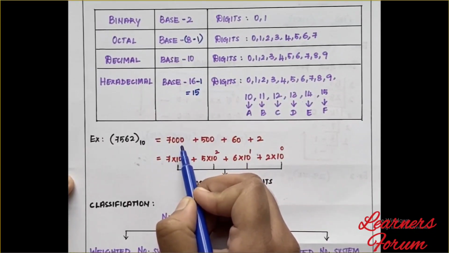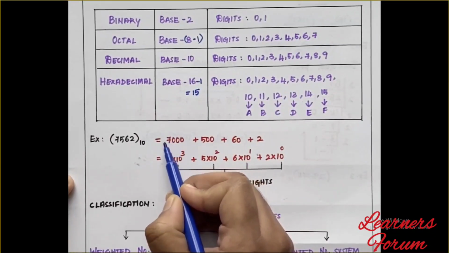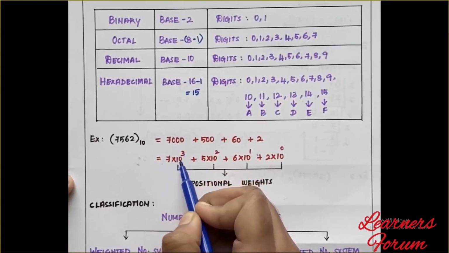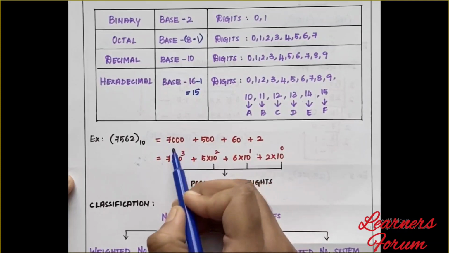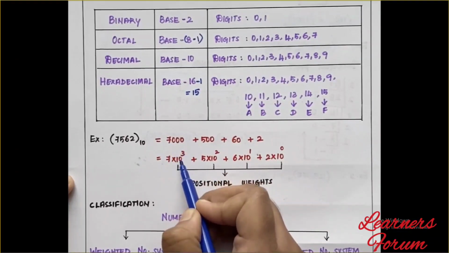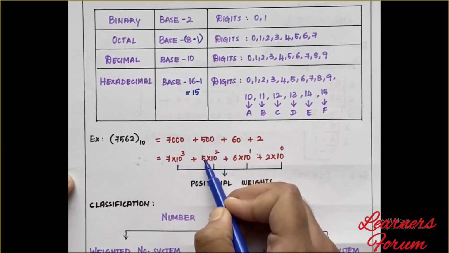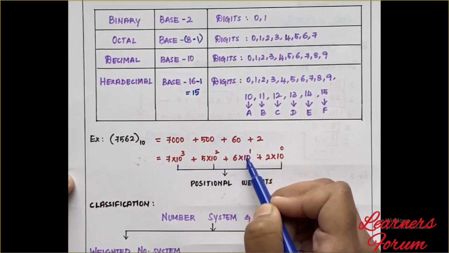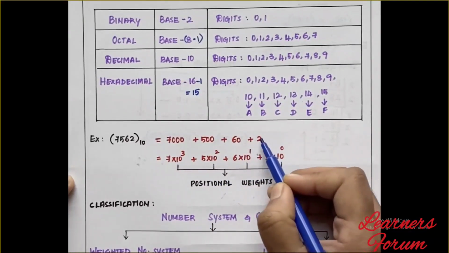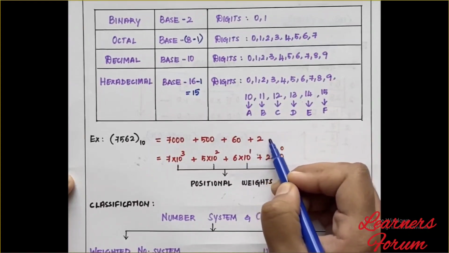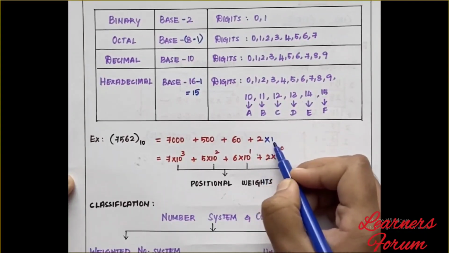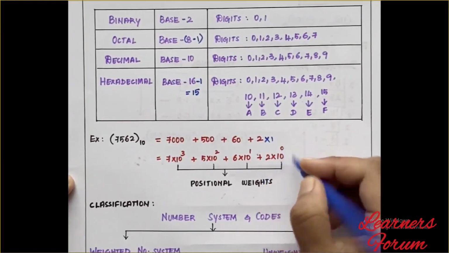Now in terms of 7000, this 7 is multiplied by a factor of 10 power 3, that is 7 into 1000. So we can write it as 7 into 10 power 3, which means both are the same. Next, 500 can be taken as 5 into 10 power 2. For 60, 6 into 10 power 1. For 2 we have no zeros, which means it is multiplied by the value of 1, that is 10 power 0.